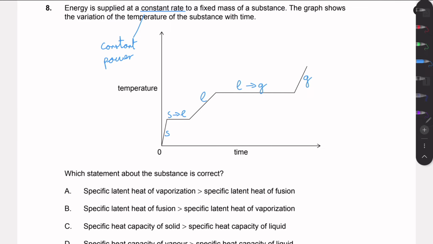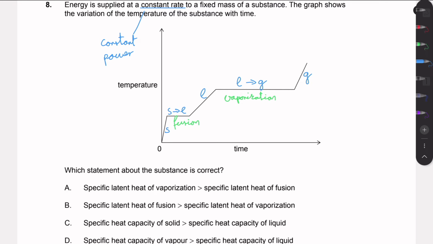And when we go from liquid to gas, we call that vaporization. And when we go from solid to liquid, we call that fusion, like this. So it's important to know these terms, to be familiar with them, as the questions expect us to know this. And then we need to see which statement is correct.